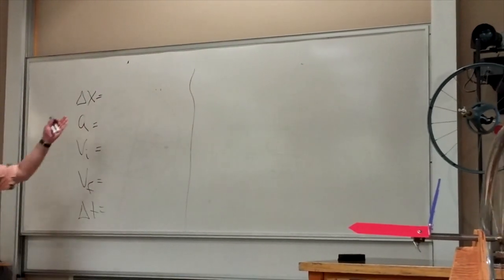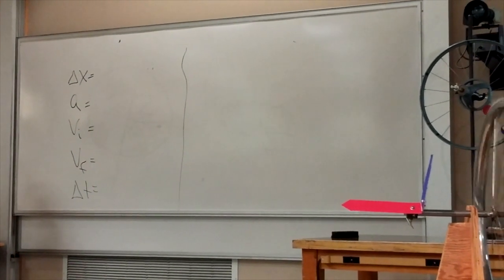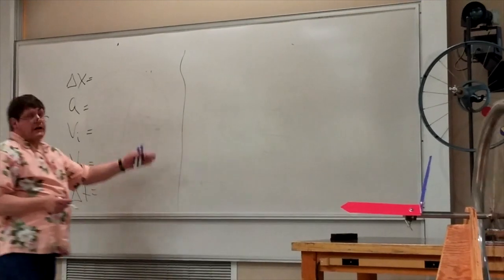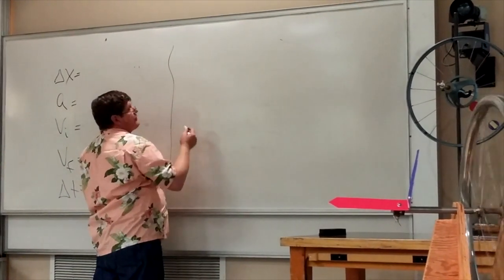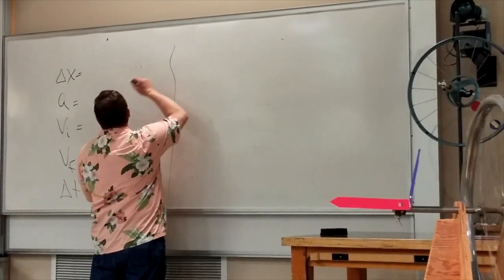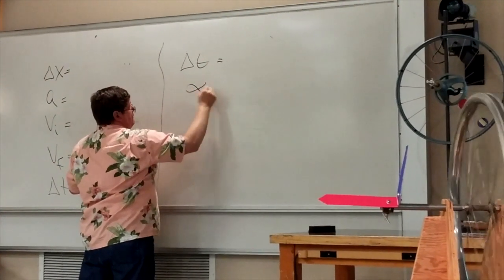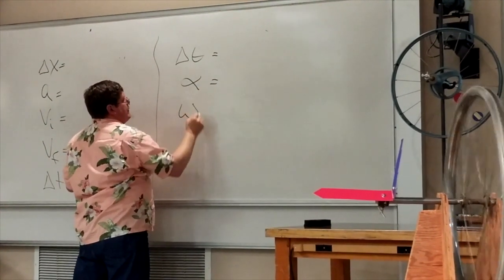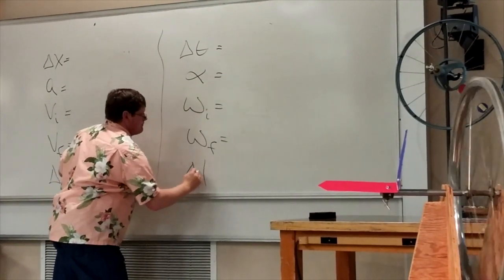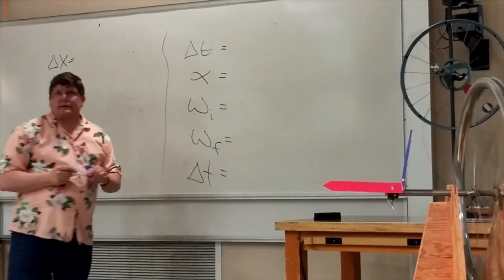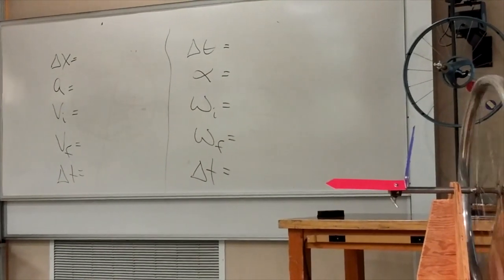And we have to find 3 of these from our problem statement in order to solve for the other 2. Well, in rotational kinematic problems, we have the same list, but with their analogs. Instead of delta x, we have delta theta. Instead of a, we have alpha. Instead of v, we have omega, initial and final, and time is time. And you have to find 3 of those from the problem statement.